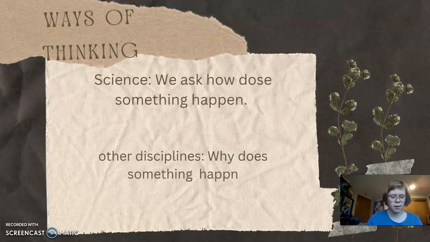Why is somebody angry? Why are they mad? But in science, we're trying to figure out the how. How does something happen and why? What are the factors involved? What is controlling it? How do we stop it? How do we speed it up? What are the interactions? So that is just to get us started so that we have on our science caps.